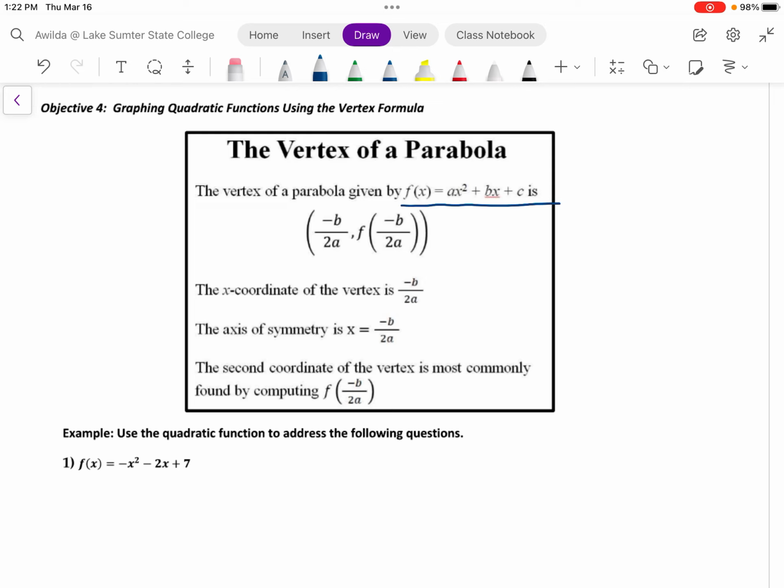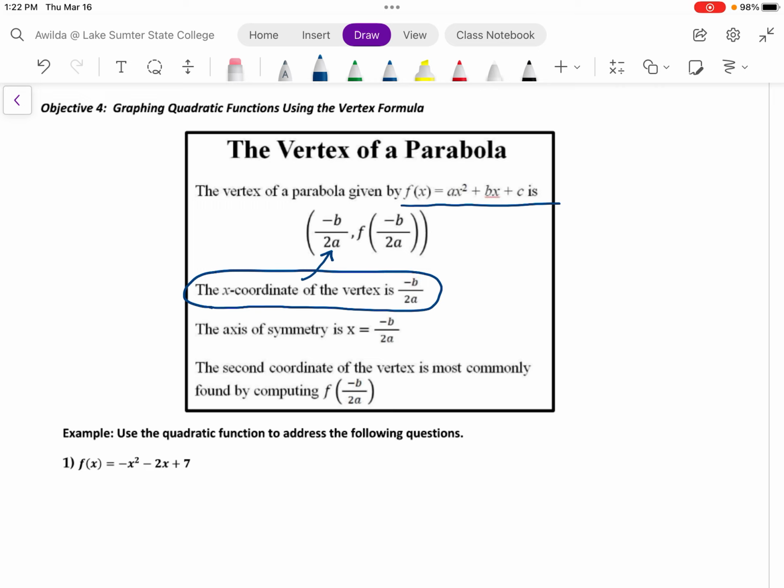The x-coordinate is going to be found by negative b divided by 2 times a. In other words, that is going to give me the x-coordinate for the vertex.